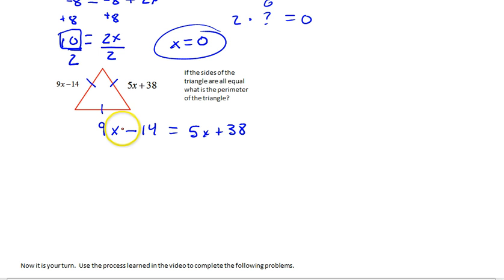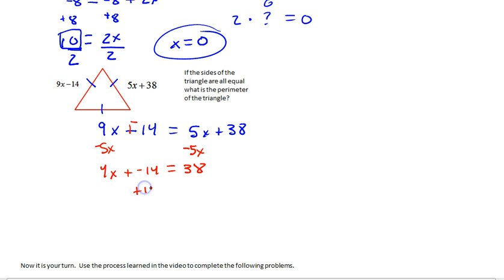So now I should be able to find out what x is. First step is to DPS my equation. Then I'm going to move one of these to the other side. Well, I'm going to move 5x so that I have variables on one side. I'm left with 4x plus negative 14 equals 38. I need to get rid of my 14.